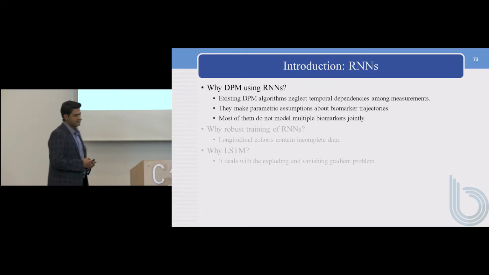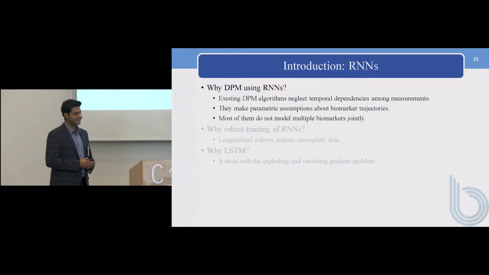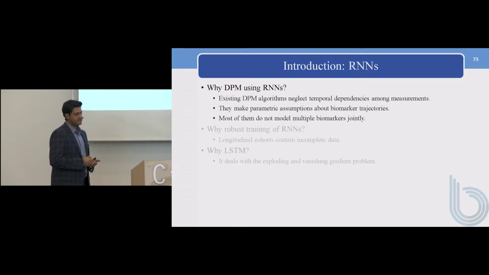Well, we are going to use disease progression modeling using RNNs. Existing disease progression modeling algorithms neglect temporal dependencies among biomarker measurements. They make assumptions about the trajectory of these biomarkers, and most of them do not model multiple biomarkers together.